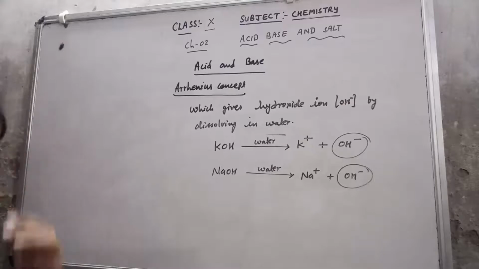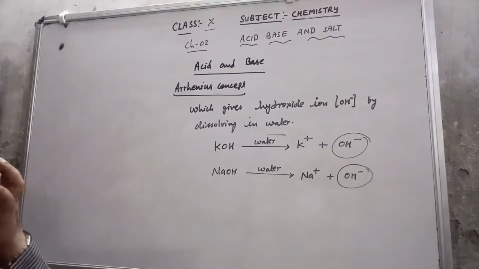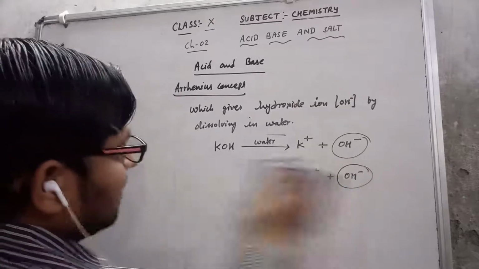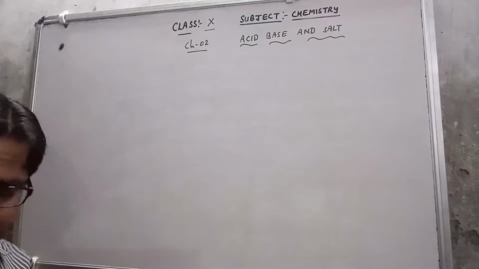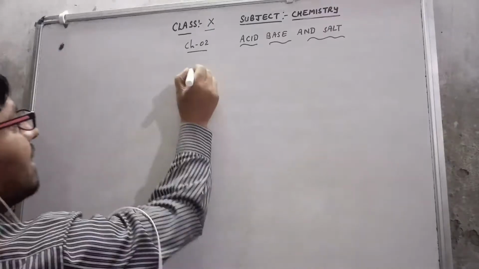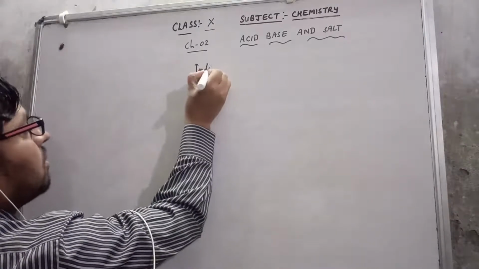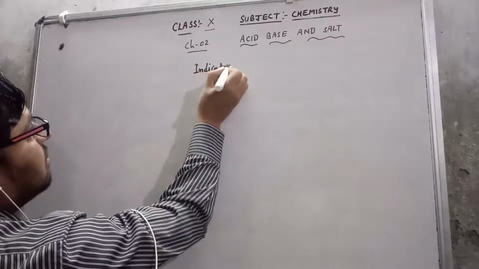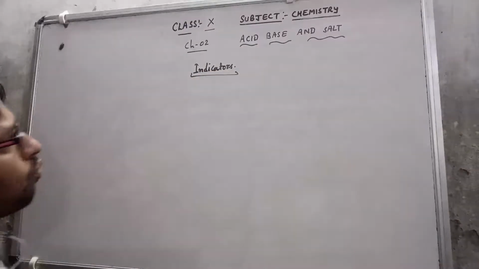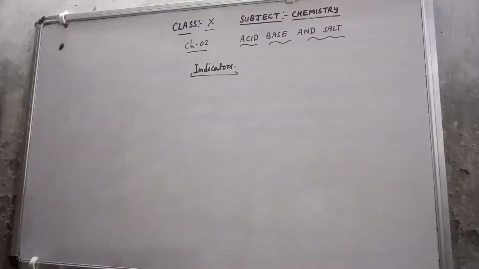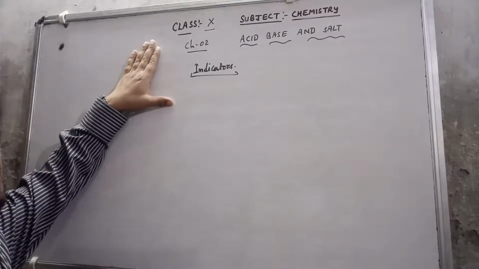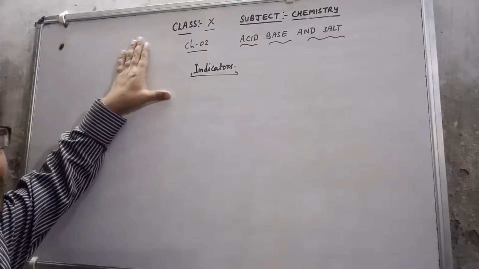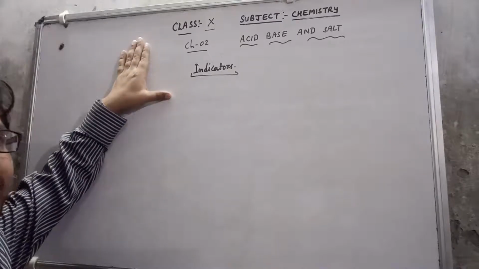Now there are some indicators that tell us about acids and bases. I will talk about the indicators. What are indicators? Very simple, I will give you an example. Whenever we are on a journey, on the road we see some signboards.